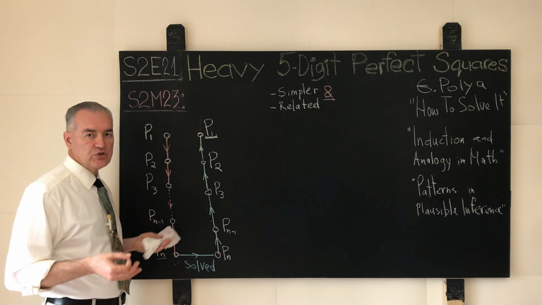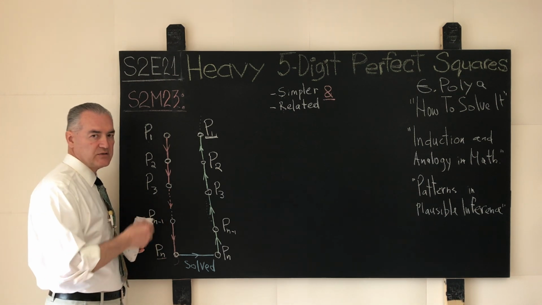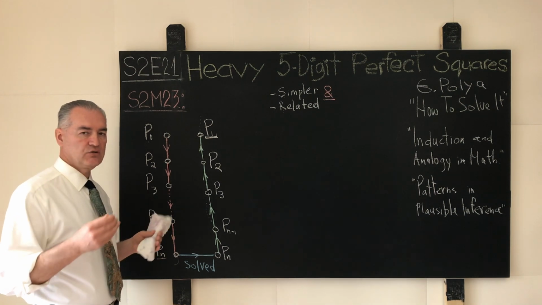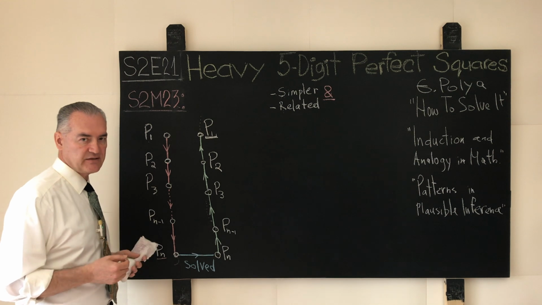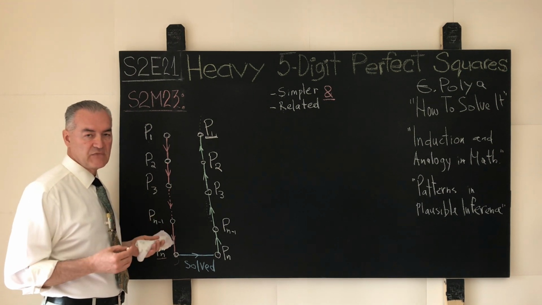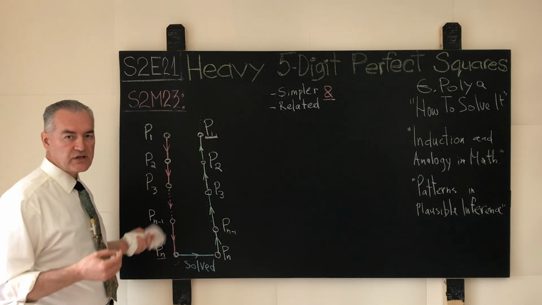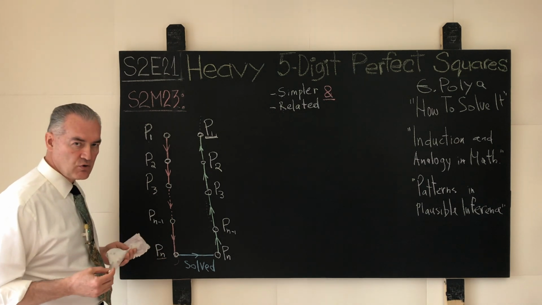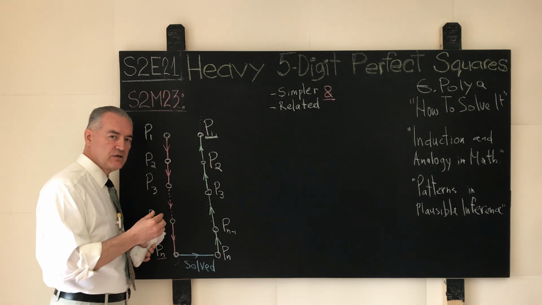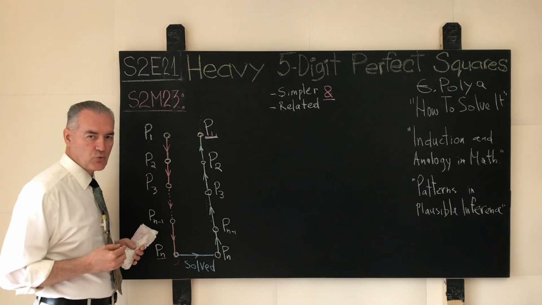What's next? All right, we said that we're working in base 10, so maybe switching from base 10 to base 17 or some other base will give us a tactical advantage. We think about it and we don't really see how that can help. So what else is left? Well, what else is left is the width of the perfect square at hand.